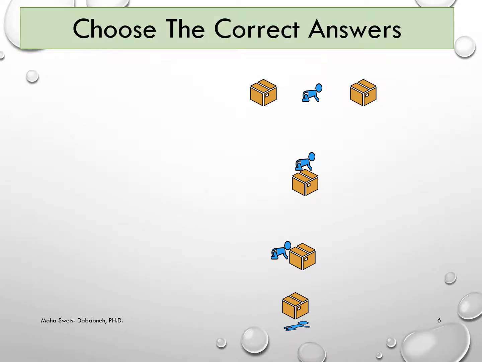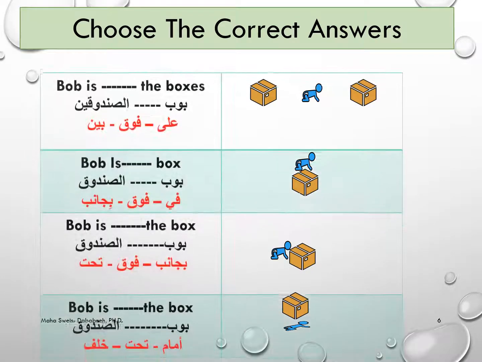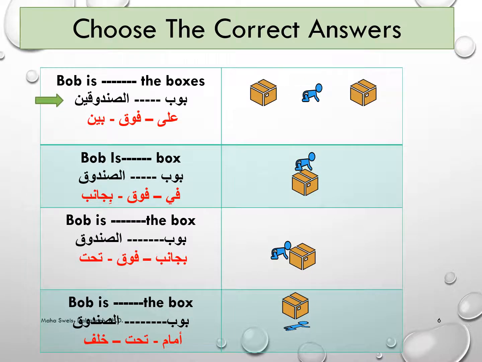Now let's do some practicing. Try to find the correct answers by yourself. باب blank الصندوقين. على، فوق or بين. باب blank الصندوق.